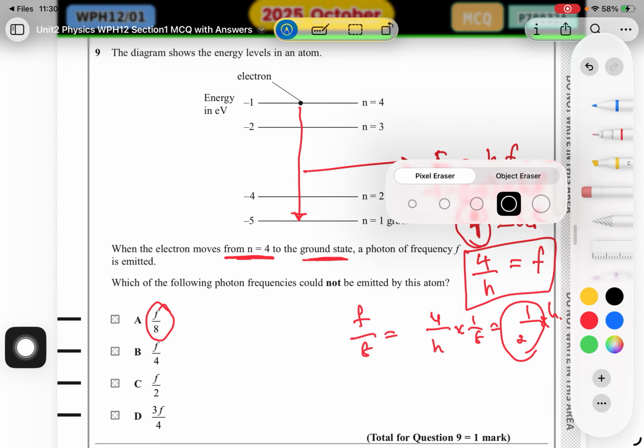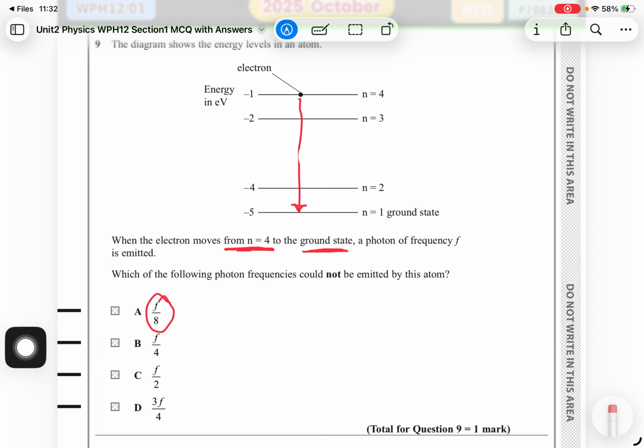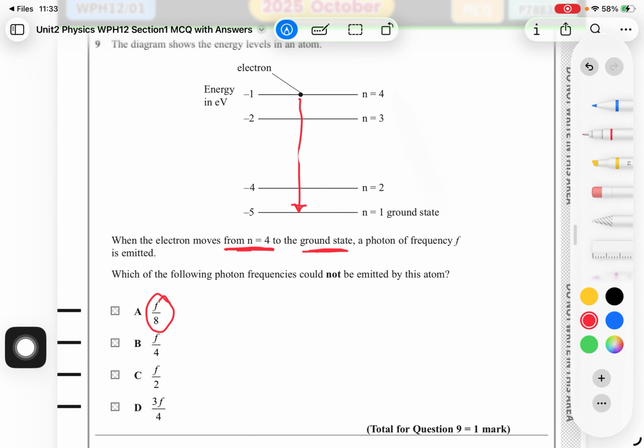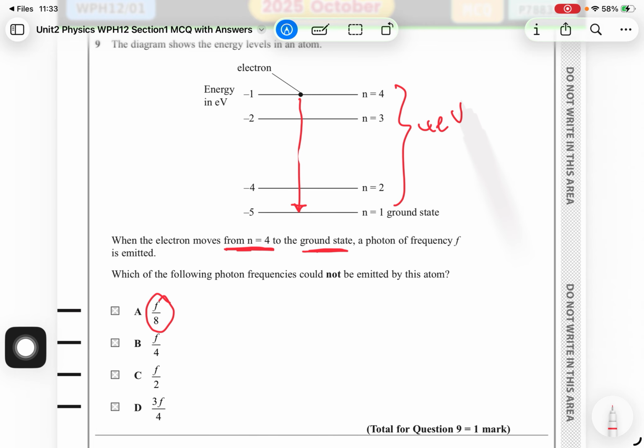As we know from the previous part, the gap is going to be 4 electron volts, and the 4 electron volts would be HF. If we are talking about other possible options, one is coming from 4 to 3. If it is coming from 4 to 3, the electron volt is 1, so that would be HF divided by 4.